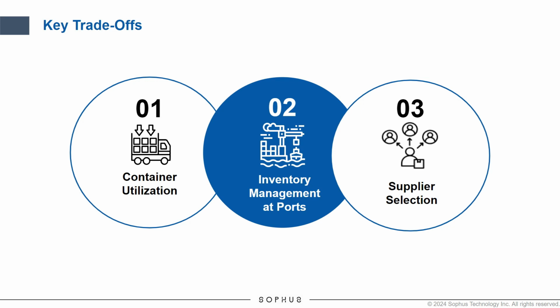Holding inventory at ports can help to better consolidate, but will cost extra for holding costs. Lastly, supplier selection can also be a trade-off. Chinese suppliers have lower sourcing cost and shipping cost, but might be easily affected by other factors, like the trade war. Sourcing from other countries won't have such problems, but the cost will increase.